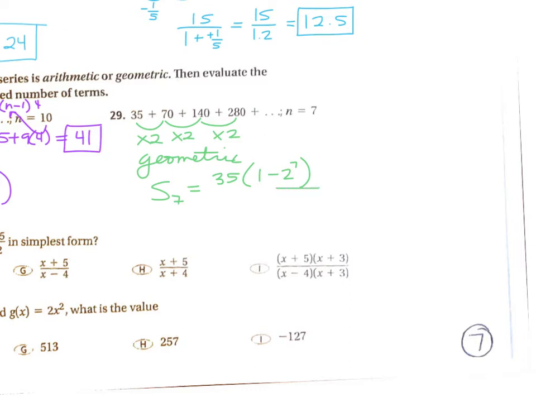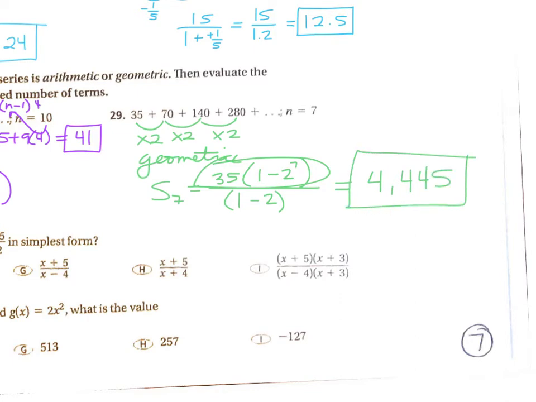And then we're going to divide by 1 minus our common ratio again, and put parentheses around here again. Or just notice that that's -1. So after you do this, divide by -1 is what you're doing. But when you plug that in, you should get 4,445 for your answer.